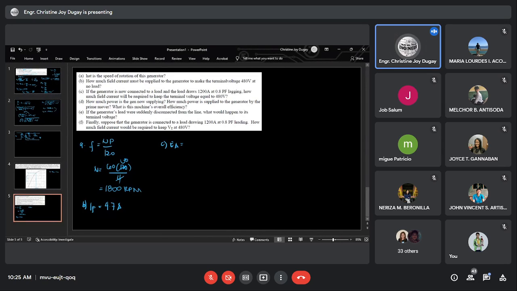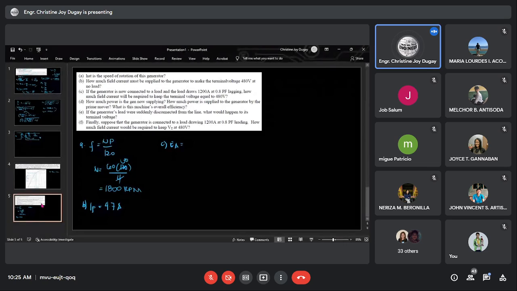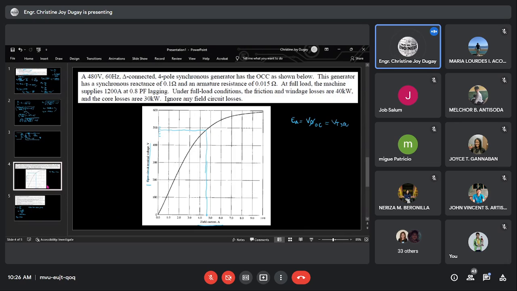Given yung mga parameters po niya dito sa taas, ang formula po natin, EA is equal to V phase plus IA RA plus jIA XS. Tama po ba? Mga values po ba tayo kompleto? Armature resistance, armature reactance, and that one.